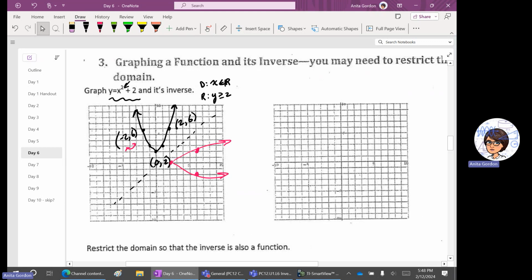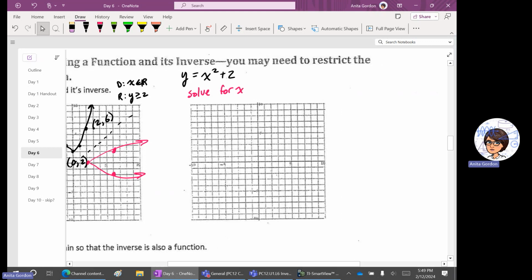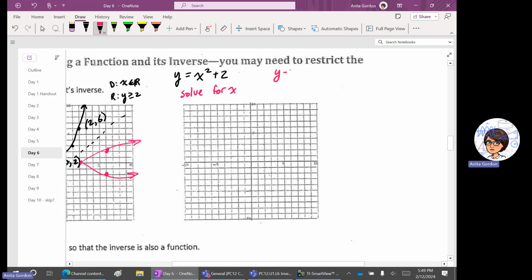I can do this graphically. However, let's not forget that in order to flip something sideways, we are calculating the inverse. That means instead of having a y equals function, we want an x equals function. So now I am going to solve for x, meaning rearrange the equation into x equals form. This is going to be y minus 2 equals x squared, or the square root of y minus 2 equals x.